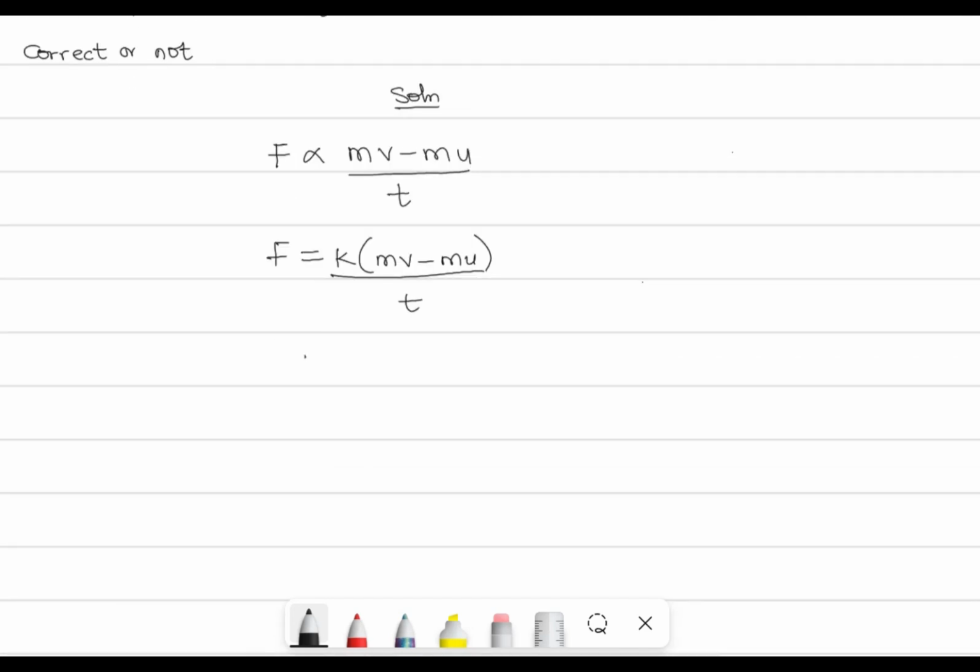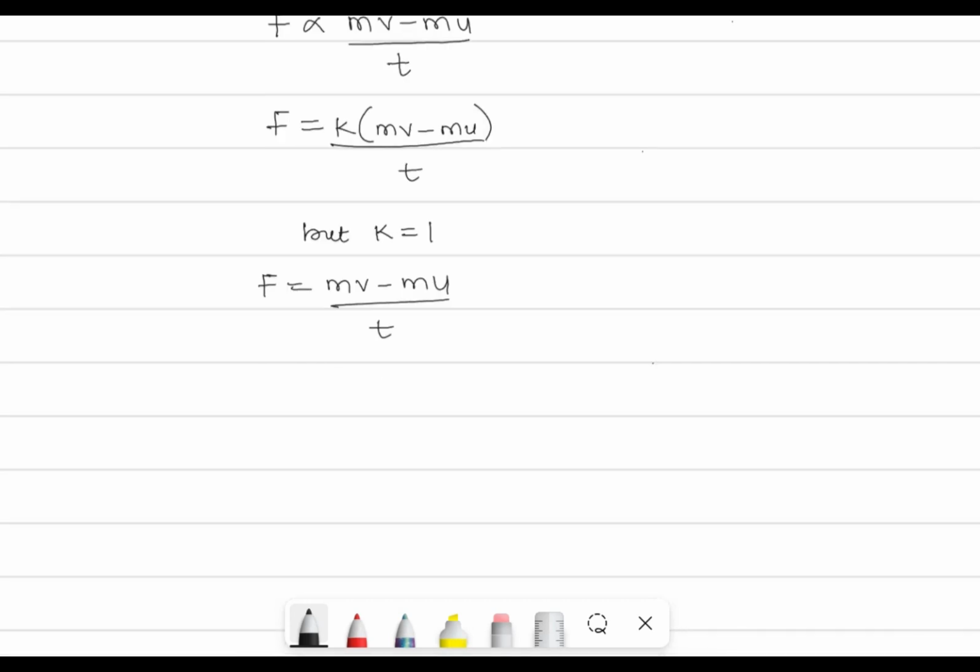But you see, K in the second law of motion, which is a constant, is equal to 1. Eventually, we just have F is equal to (mv minus mu) over t. I'm going to express this properly so it can give us the number of quantities.